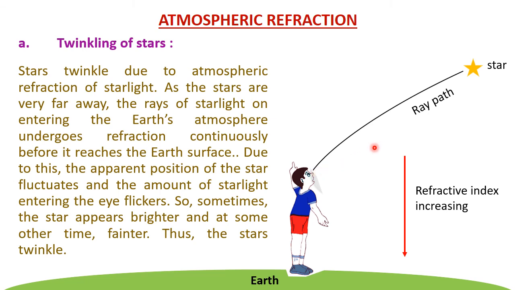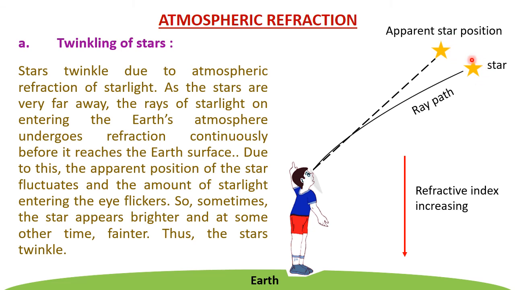But when the observer sees the star, for him, the position of this star will not be here. He will see the star somewhere here. So this is the false position of the star. This position of the star we call the apparent star position.